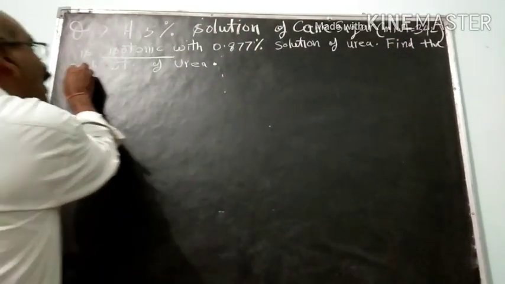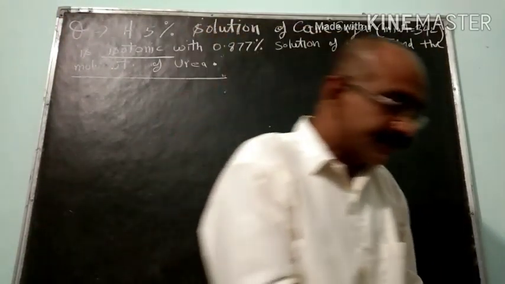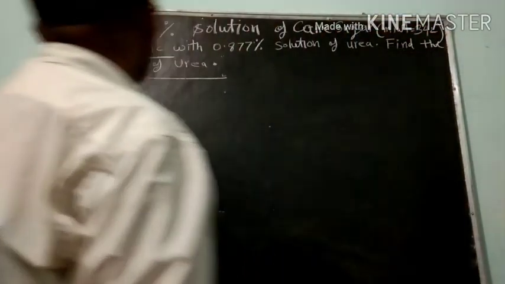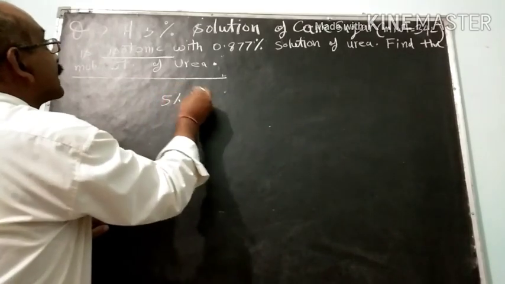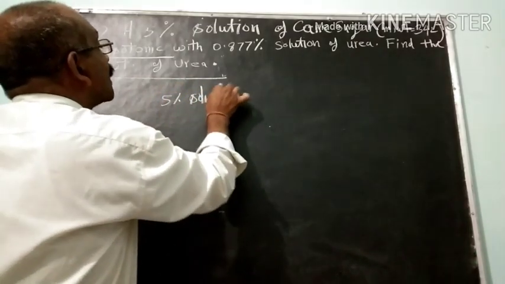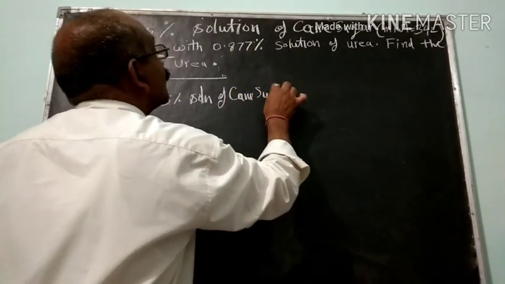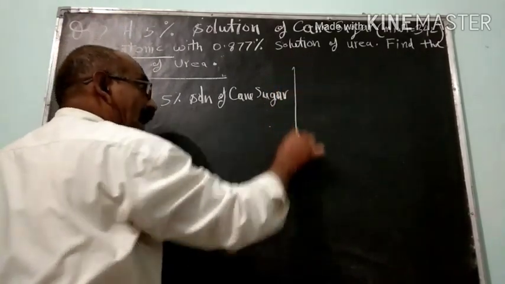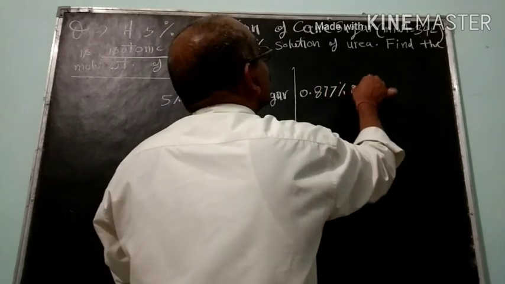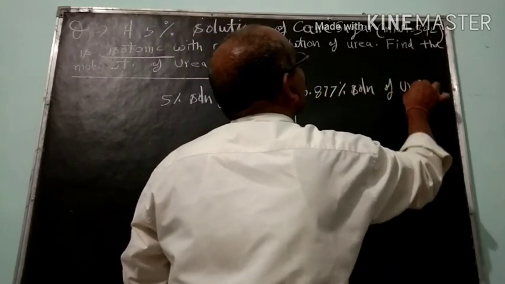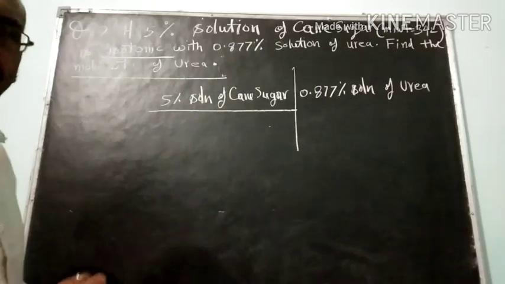Find the molecular weight of urea. Here in the question, two solutions are given: one is a 5% solution of cane sugar, and another is a 0.877% solution of urea. What is the meaning of a 5% solution of cane sugar?